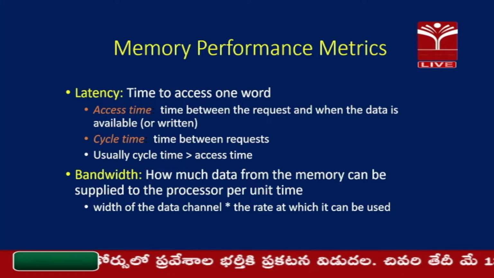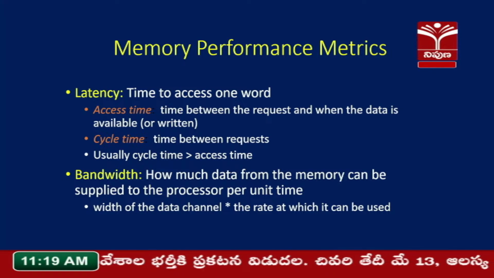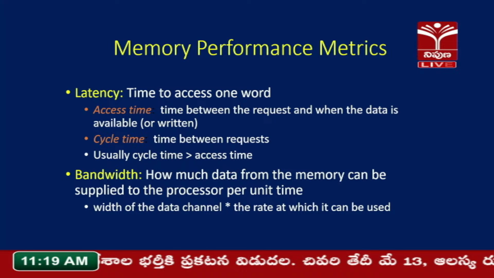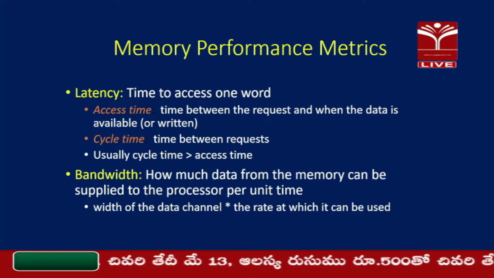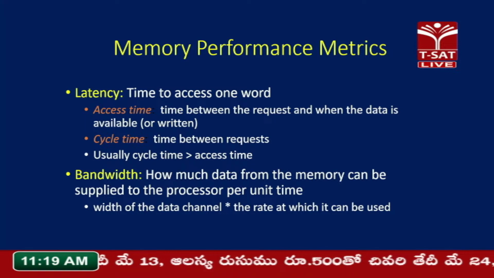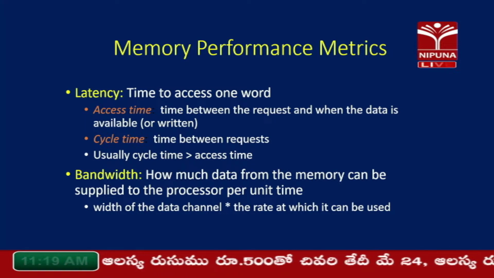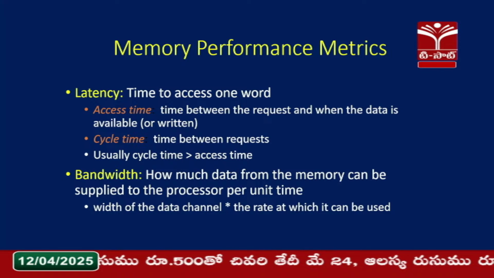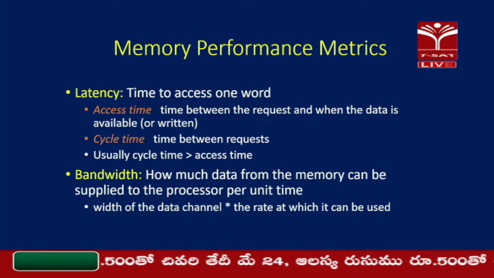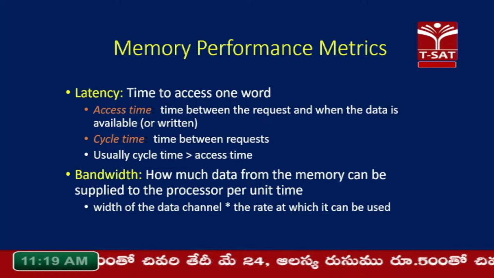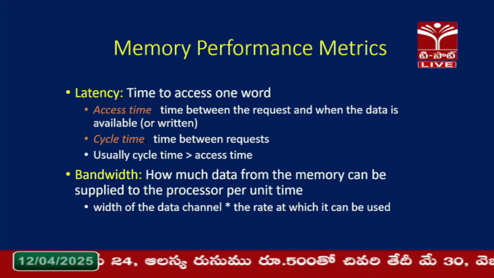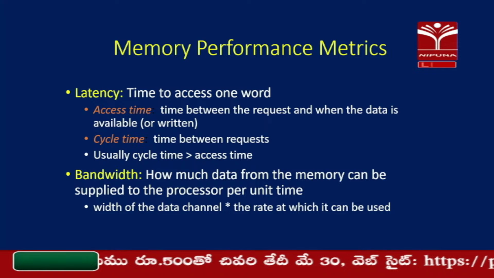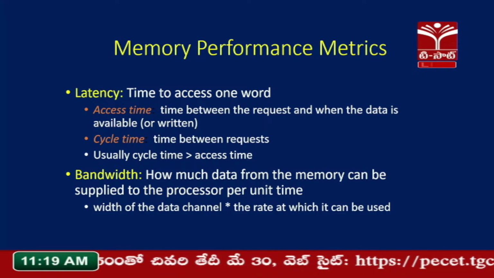So memory performance metrics. What we look at is what is the latency and what is the bandwidth. The latency is defined as access time to the memory, and the cycle time, which is the time between the requests, and usually the cycle time is more than the access time. So this defines the latency, which is the time to access one word of memory, and the bandwidth is how much data the memory can supply to the processor per unit of time.